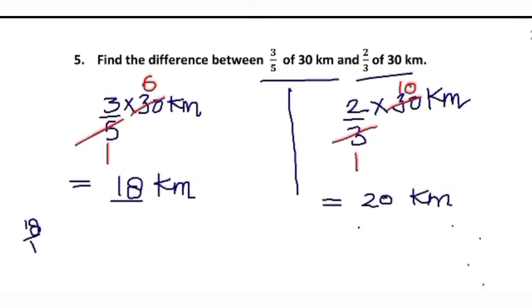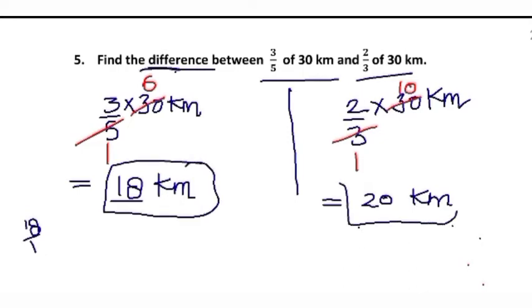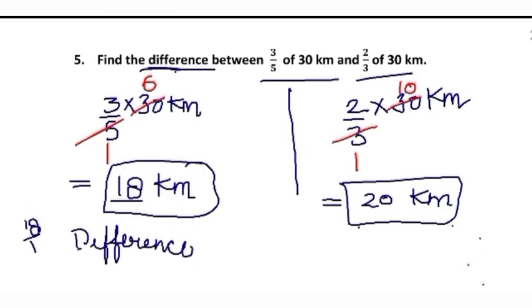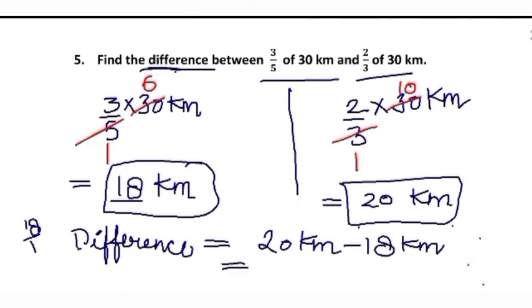Okay, they were asking for the difference. Difference means you will subtract these two numbers. So now subtract them. Difference is equal to 20 kilometers minus 18 kilometers, which is equal to 2 kilometers, and this is your answer.